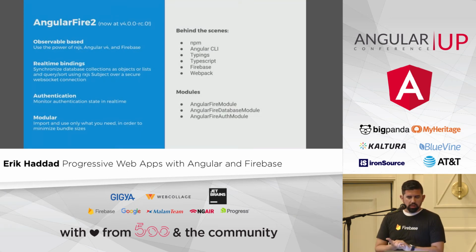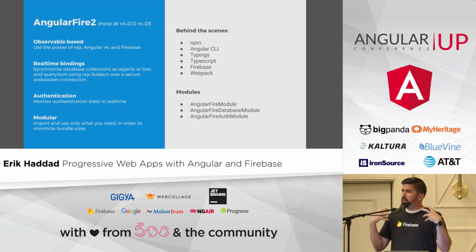So, latest and greatest is at V4 RC, a lot of refactor to make it lean and mean and keep your bundle sizes down. So it's observable based. I don't know if you're familiar with RxJS, but observables are super powerful.